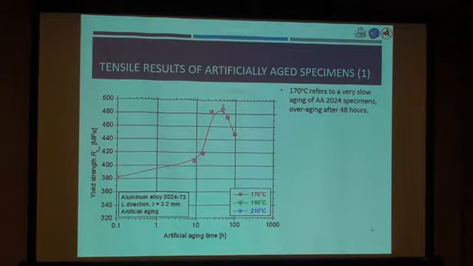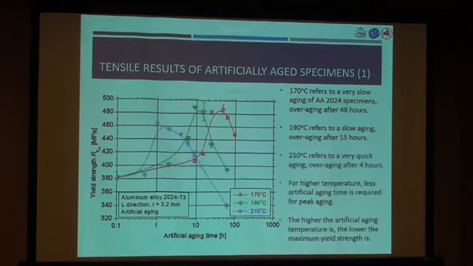Now I will show you the results of the reference aged specimens without any corrosion at all. These are typical aging curves, meaning that with the increase in aging time for various temperatures, you have a peak, and that means you are in the peak aging area, here and here, and then you have the overaging effect, which deals with the distribution and the size of the S-type particles.